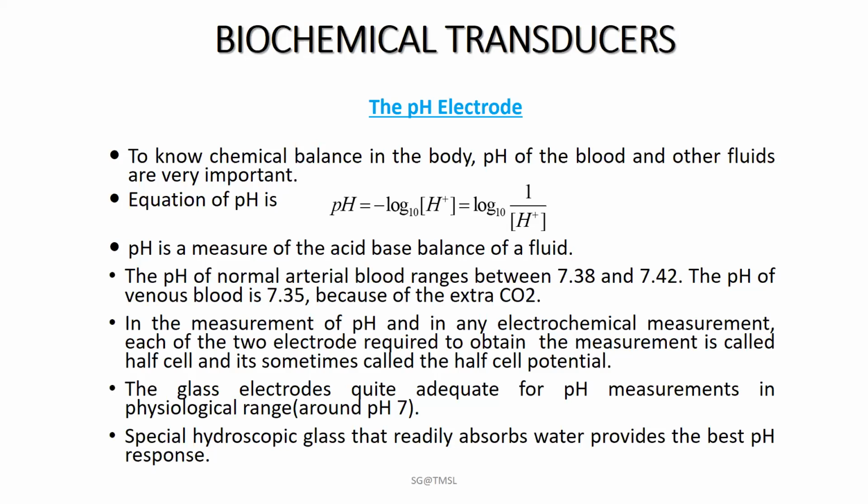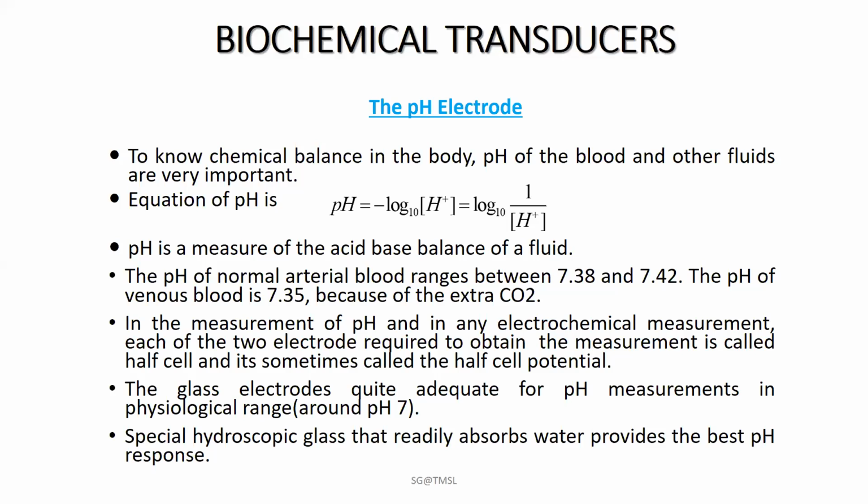Now, most human body fluids are slightly basic solutions. The pH of normal arterial blood ranges between 7.38 and 7.42. The pH of venous blood is 7.35 because of the extra carbon dioxide.